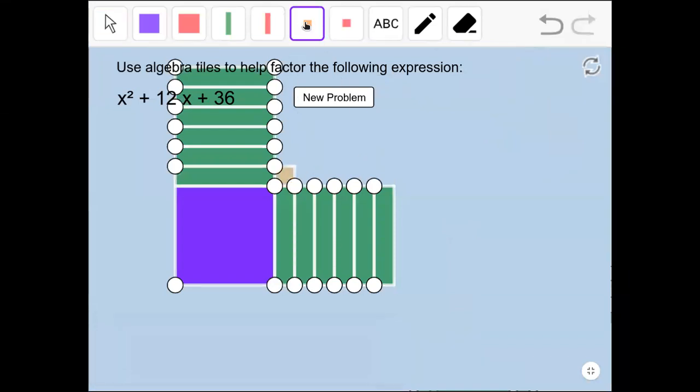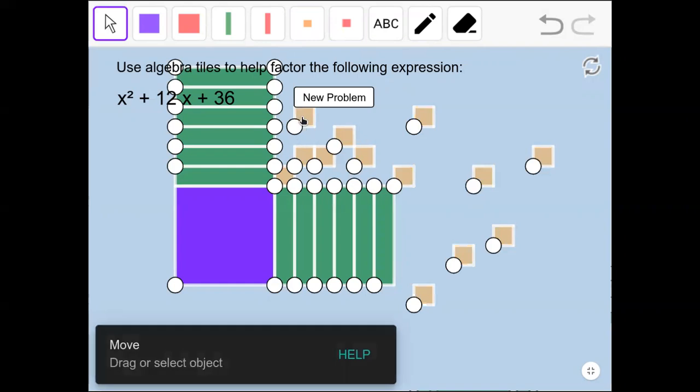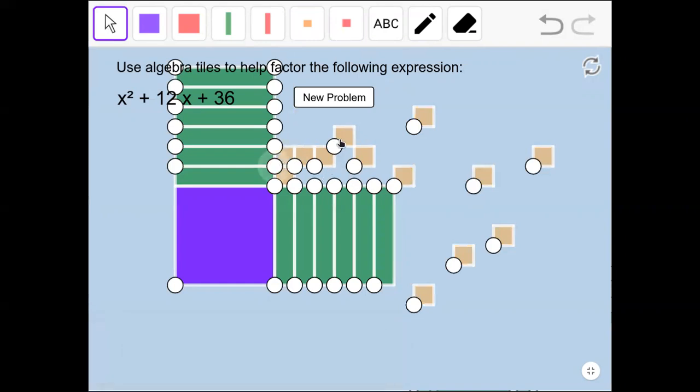Then I can fill it out. Arrange them properly. And without filling also, they can identify how many are needed to fill this area.